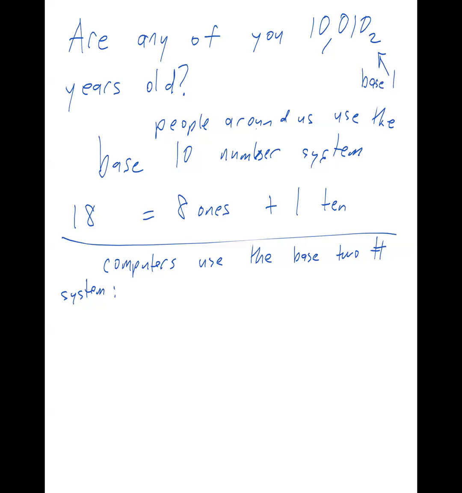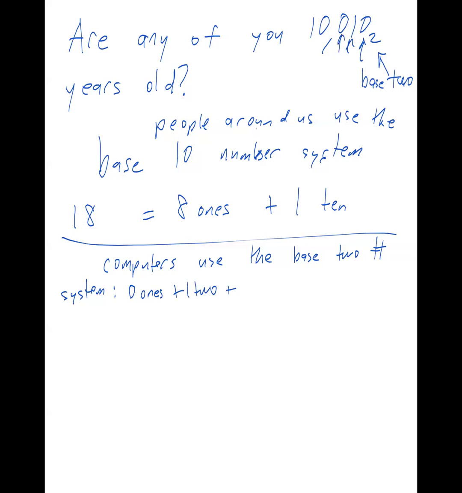So are you 10,010 years old or more? Let's find out. If computers use the base 2 number system, then the 10,010 is written in base 2. That means this is the ones place. You have 0 ones, plus this is the 2's place, so you have 1 two.